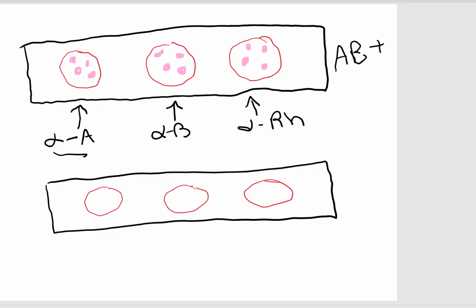O negative. Correct. It would be O negative. O negative people do not have the A sugar, they don't have the B sugar, and they don't have the RH factor.